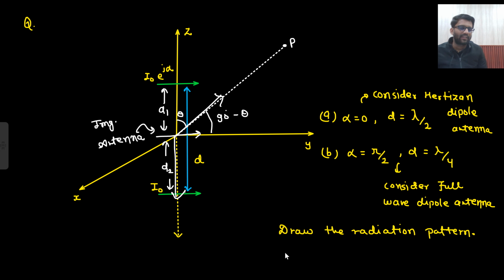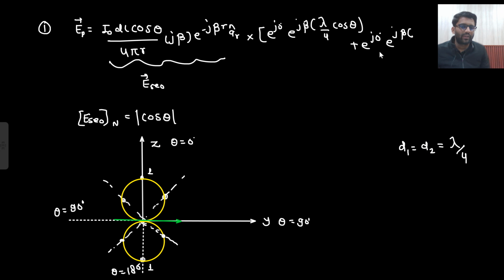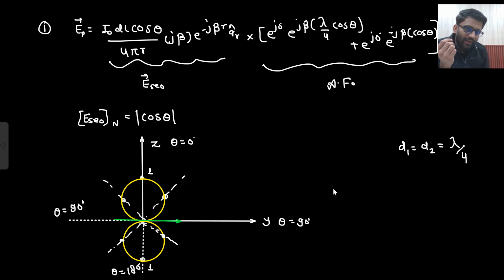From the origin towards the antenna, this is the vector. So what is the angle? 180 minus theta. So you write cos(180 minus theta), which will be minus cos theta. These examples we have already seen, so it should not be that difficult. So this is your array factor. If I write down the array factor again here.